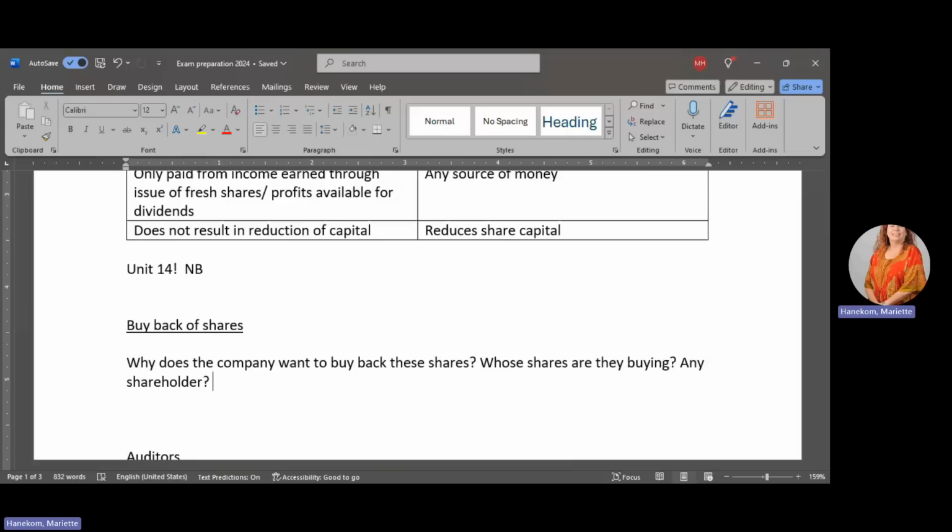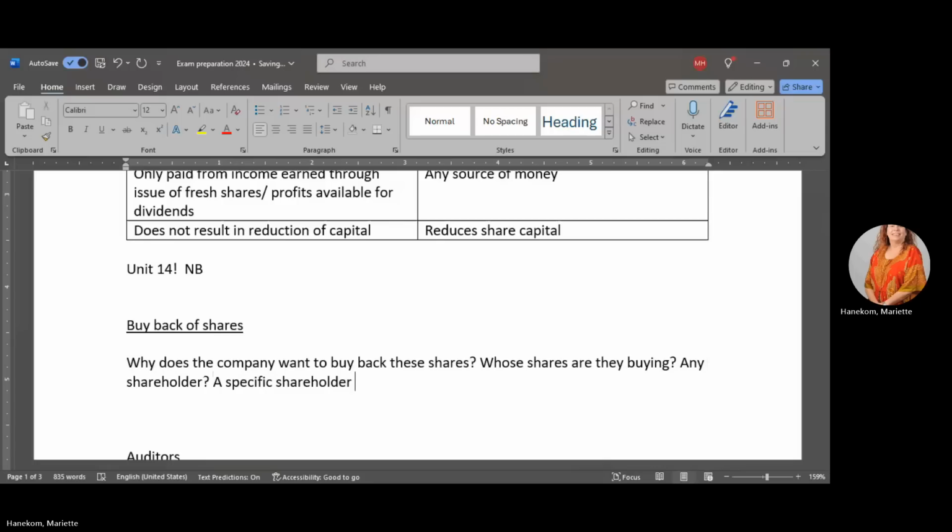In that case, this isn't Johnny and Peter and Susie's shares that they buy. It's anybody who owns that particular class. So it's not specific. But sometimes situations can arise that a specific shareholder wishes to sell their shares back because they want to leave the company, they want to move on with their life.